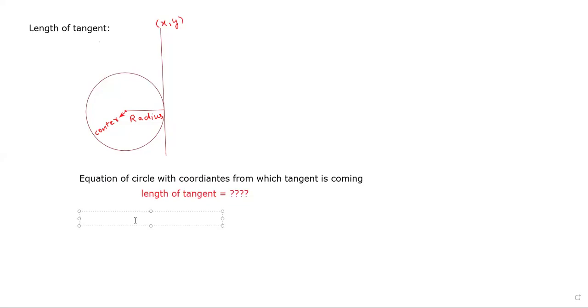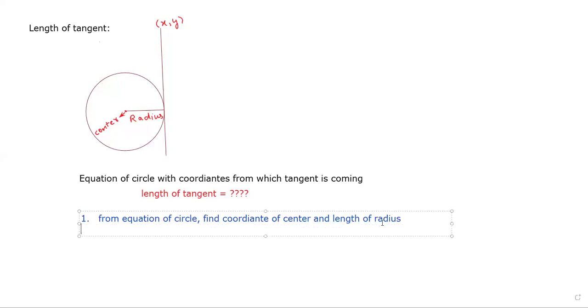Your first step will be, from your equation of circle, you will find the coordinate of center and the length of radius. This is the first working which you are going to do from your equation of circle.